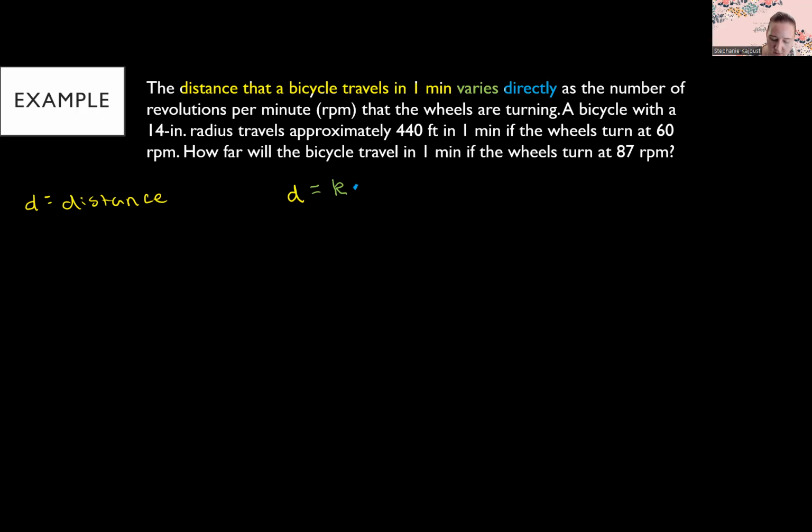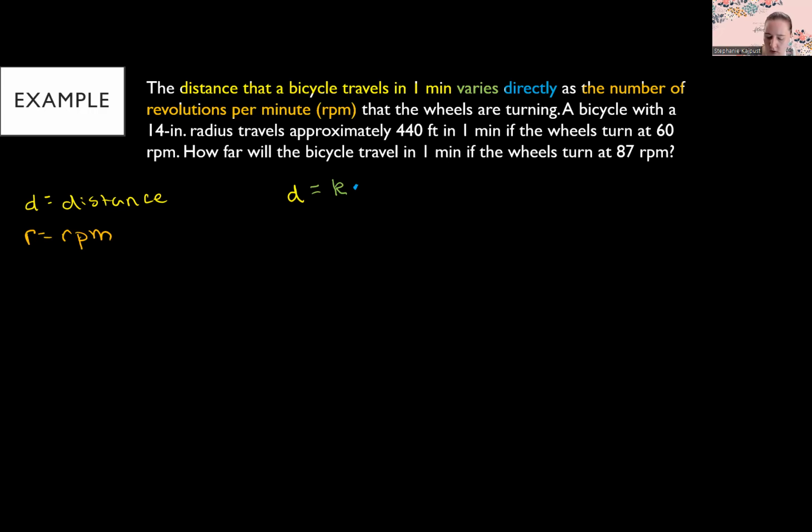And then we've got that it varies directly as the number of revolutions per minute that the wheels are turning. That is basically our next variable here. So maybe we just call that R for revolutions per minute.